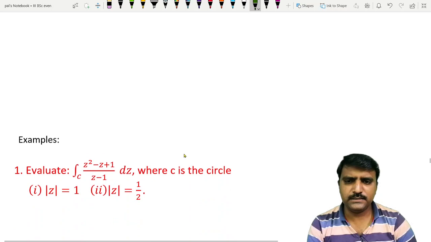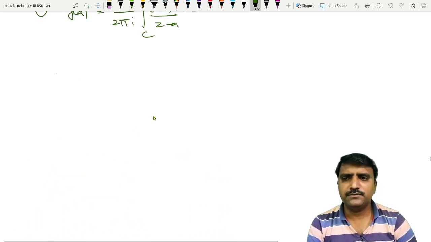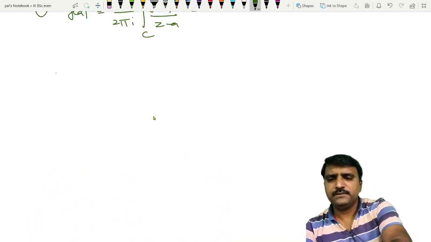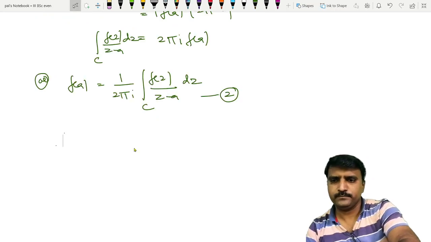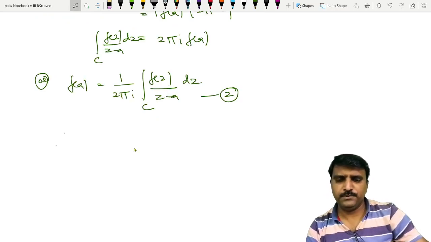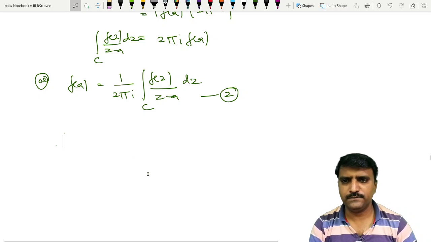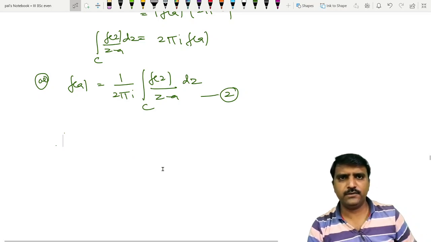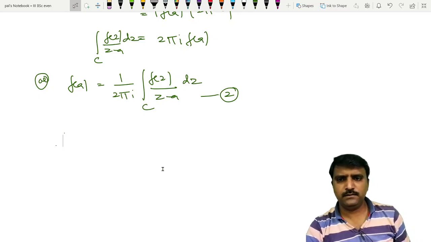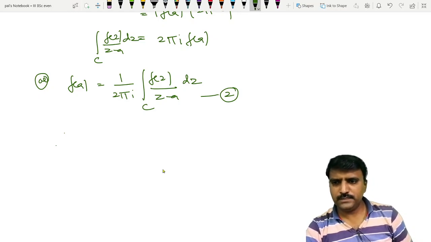So I think you understand this concept, Cauchy's integral formula. Before going to problems, first you take a note on this.